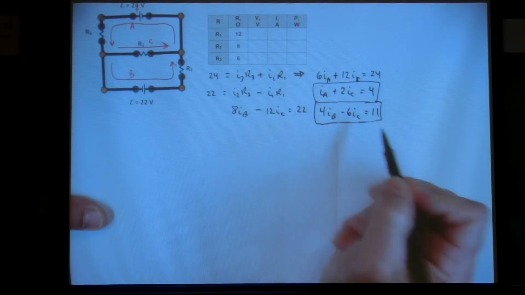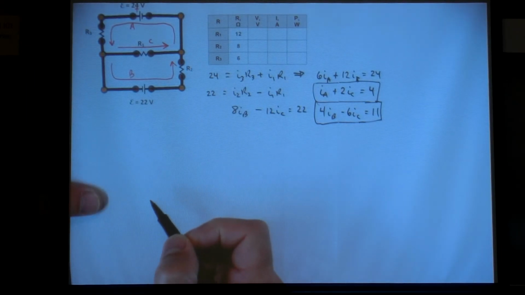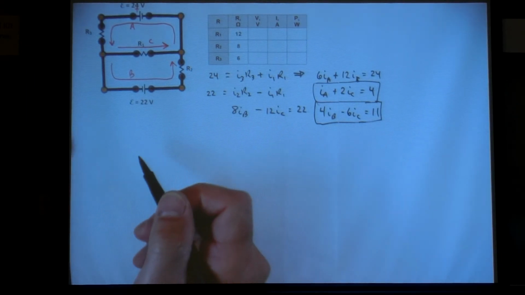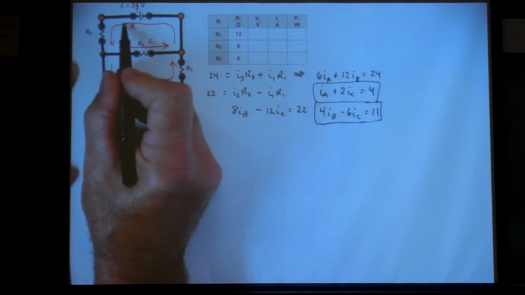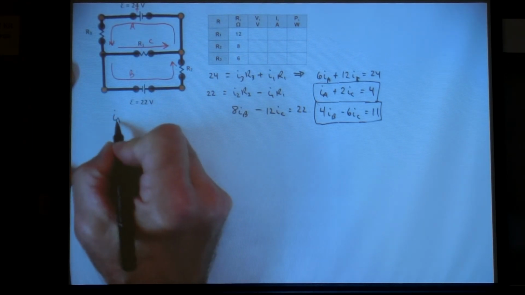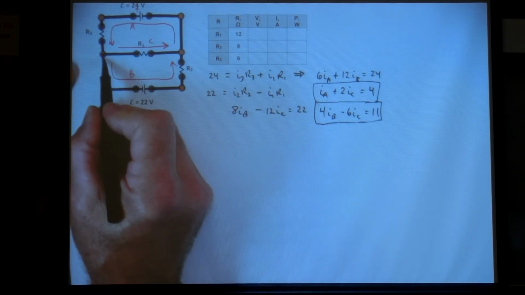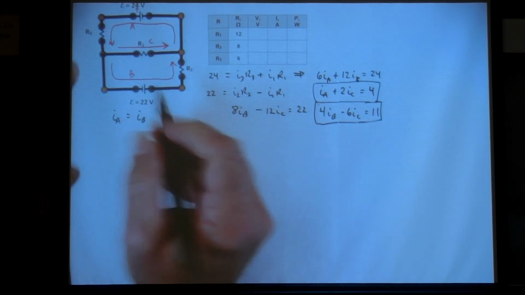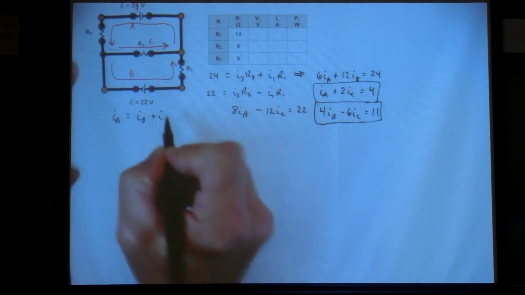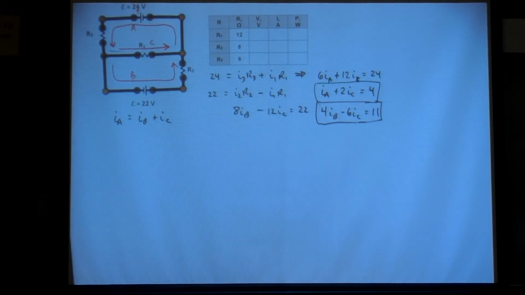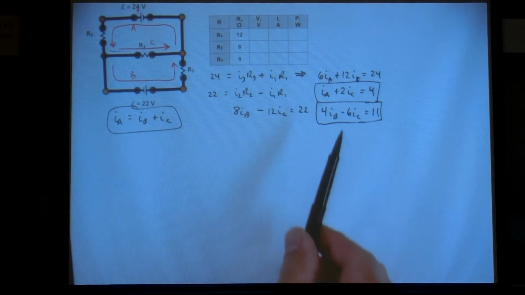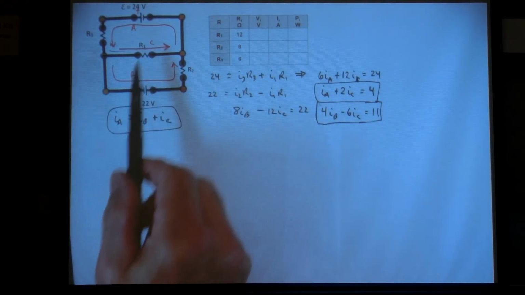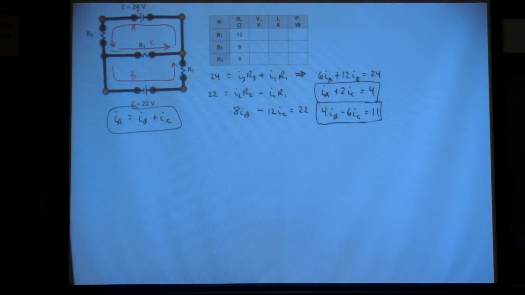So there's my second equation. Third equation will be a junction. Now in this junction, only current A goes in, current B comes out of it, and current C comes out of it. So IA equals IB plus IC. That's my third equation. So I have three equations with three unknowns, A, B, and C.